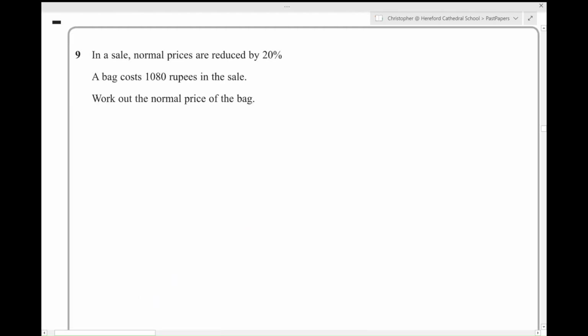Number 9. Prices are reduced by 20%. A bag costs that many rupees in the sale, so it's already been reduced by 20%. So that's the amount after the reduction of 20%, and I need to know the amount before that reduction. So this is a reverse percentage change, isn't it?